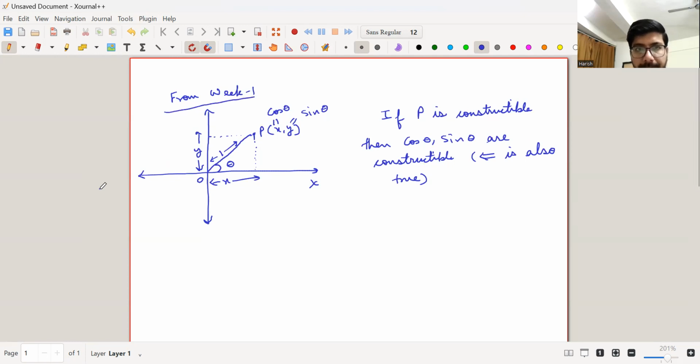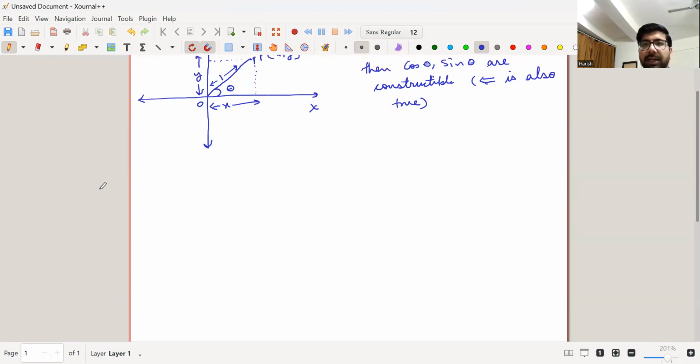Week 2 starts by arguing that not all numbers can be constructed.